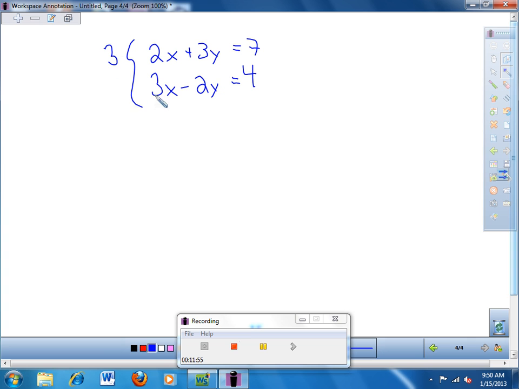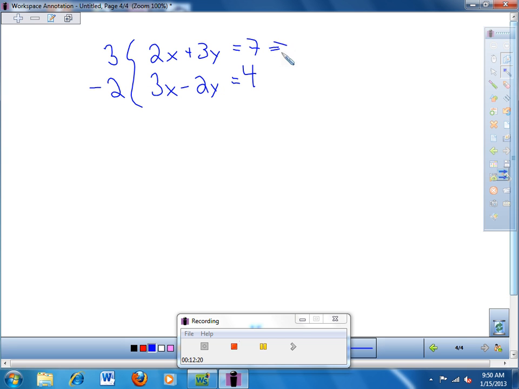And I want to change this into 6 as well. So what do I want to multiply that by? 2. Except instead of just multiplying by positive 2, I'm going to multiply by negative 2, because I want one to be positive and one to be negative, so that when I add them, they will disappear. So I'm going to multiply this whole top equation by 3 and this whole bottom equation by negative 2.